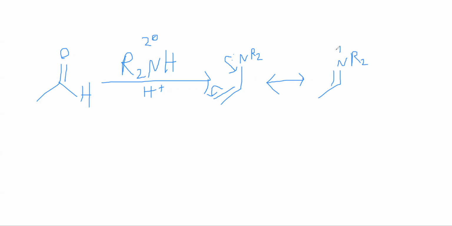And when you do this, you put a negative charge on the alpha position to the nitrogen. So an enamine is basically an enolate, and it can do all of the reactions that an enolate can do. So anything we've seen earlier, or all of the enolate reactions I'm going to talk about later, an enamine can do them. So this is just Stork enamine synthesis, using an enamine as an enolate, basically.